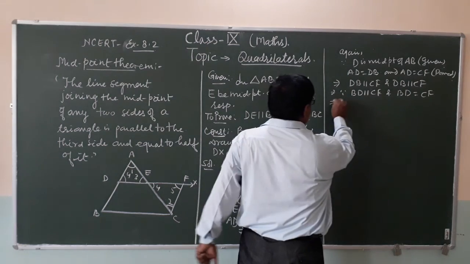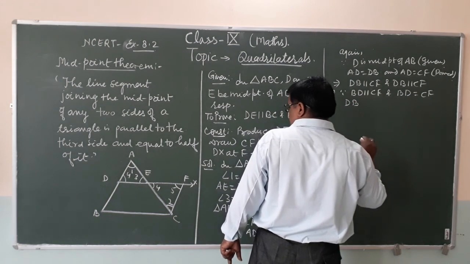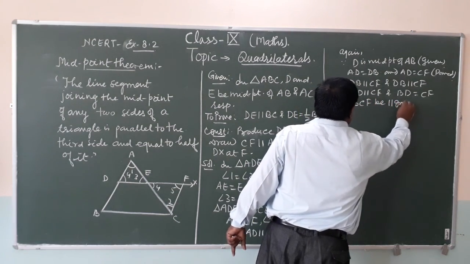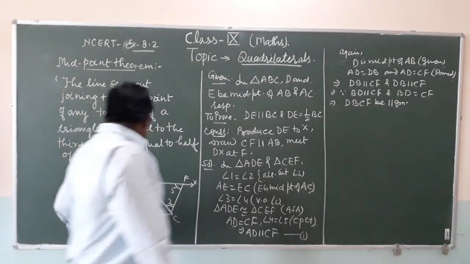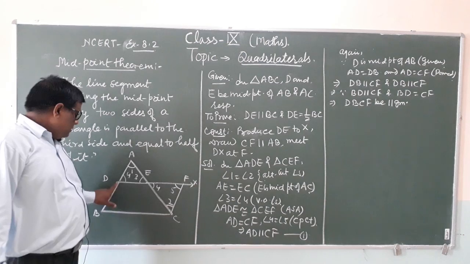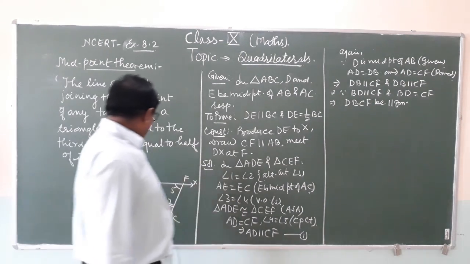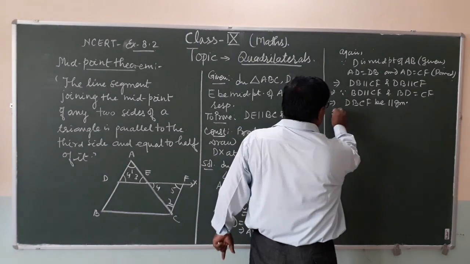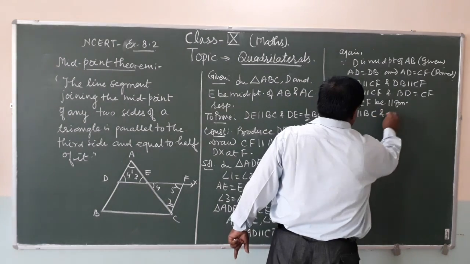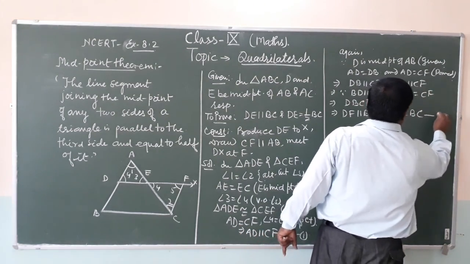This implies that DBCF is a parallelogram, and if DBCF is a parallelogram, therefore DF is also parallel to BC. This implies that DF is parallel to BC and DF is also equal to BC. This is equation 2.